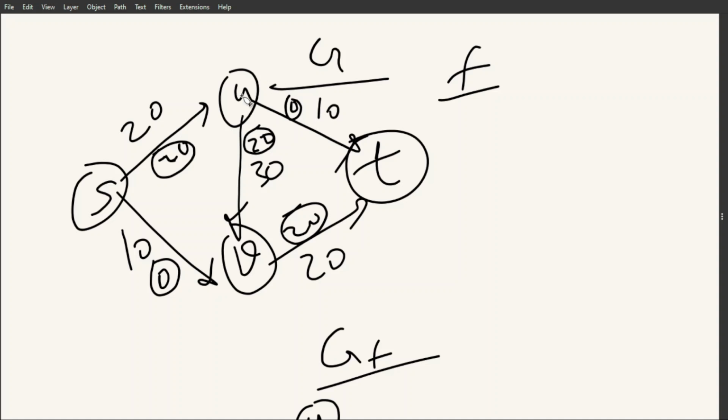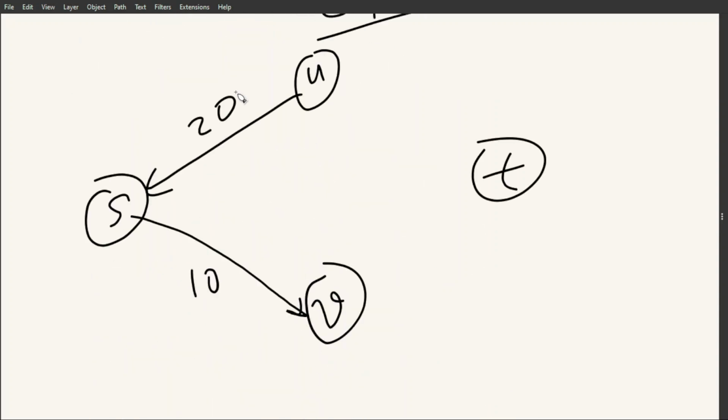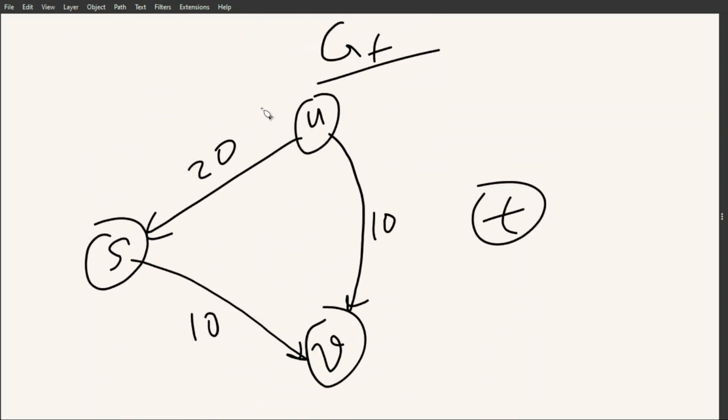Next we consider U to V. Flow is 20, capacity 30, so we will have both. For forward, how much flow can we increase? It is 30 minus 20, which is 10. So we make a forward edge with weight 10, and also a backward edge with weight 20.